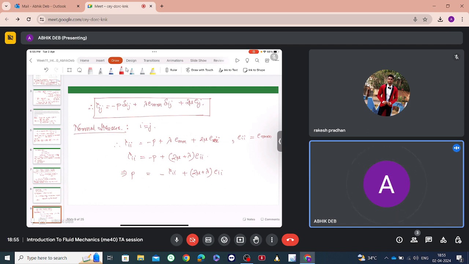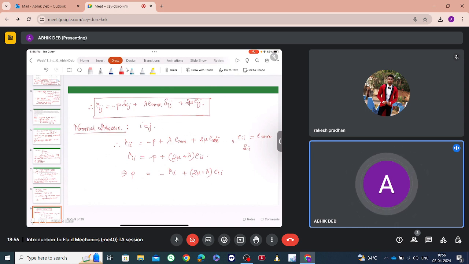Sorry, there will be this one, delta ij. So this delta ii that we are taking, delta ii.